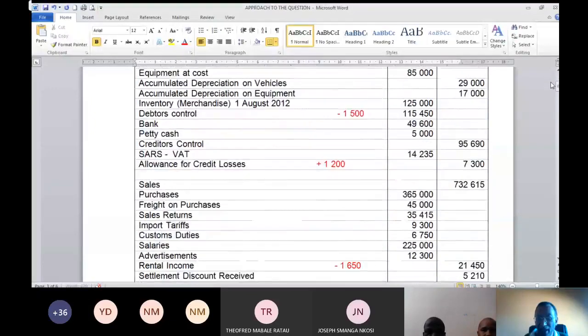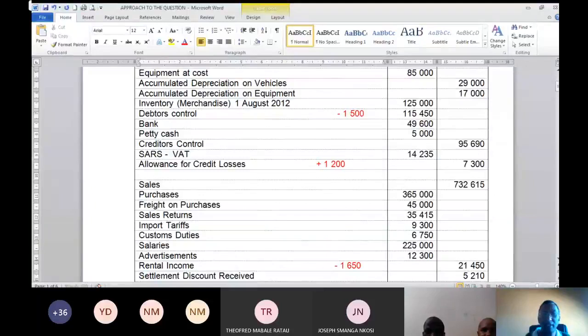Go back now, guys, to my trial balance. I have updated my depreciation. I must update now my accumulated depreciation. Accumulated depreciation on vehicles must increase now by the amount of 23,200, and my accumulated depreciation on equipment must increase with another 17,000 Rand.